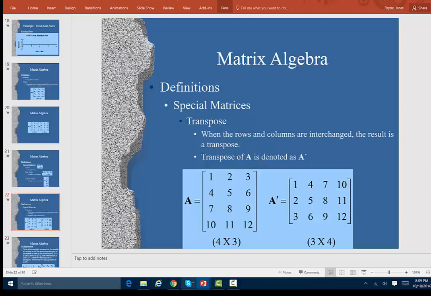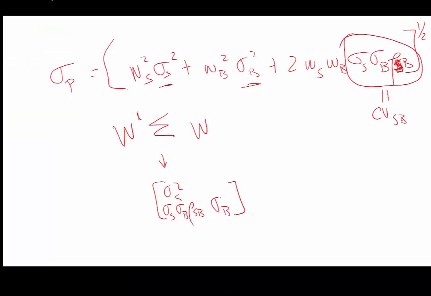Alright, so let me show you a little bit more on the efficient frontier. We're going to draw the efficient frontier, which you also discussed in 3318, where we plot the portfolio standard deviation against the expected return on the portfolio.